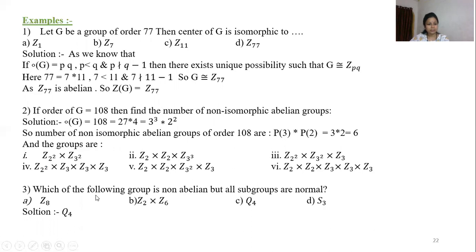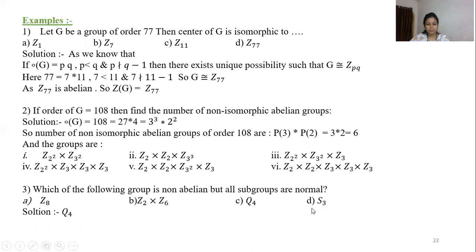Similarly, you can check this one. Now let us check this one. Which of the following groups is non-abelian but all subgroups are normal? Option B is abelian.